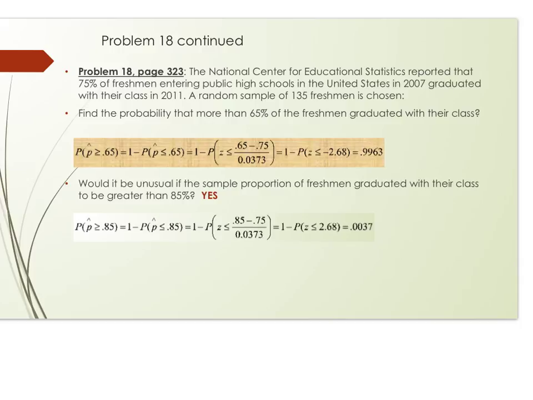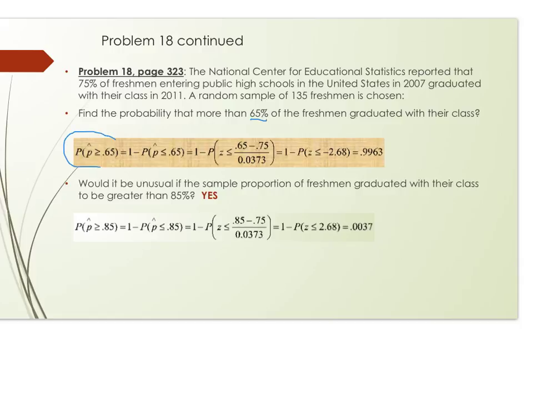So we're looking at the same problem, problem 18 on page 328, and we have two more questions. It says find the probability that more than 65% of the freshmen graduated with their class.